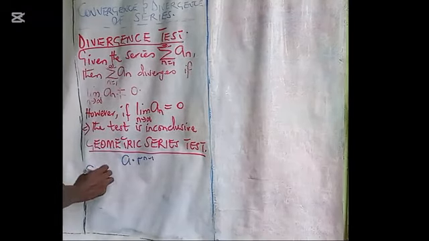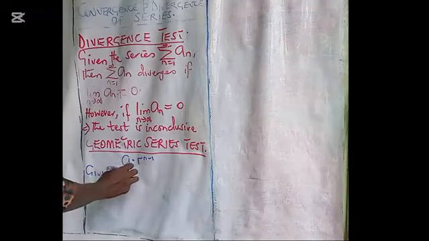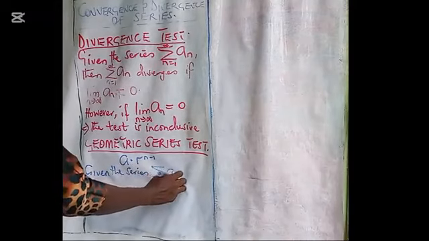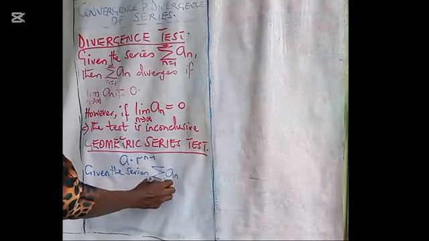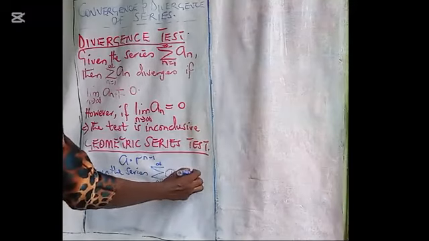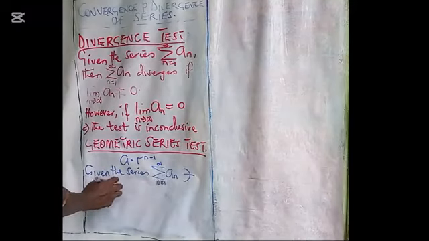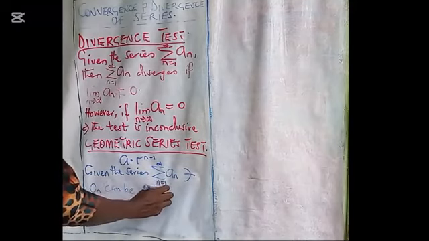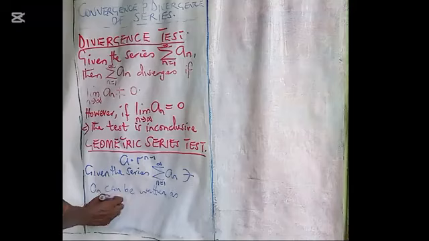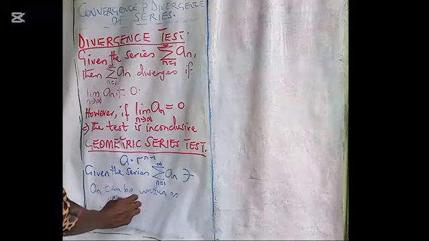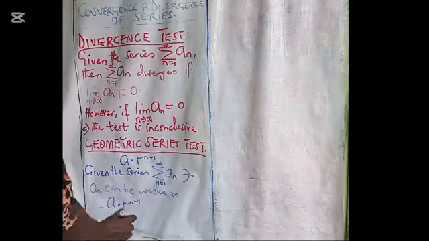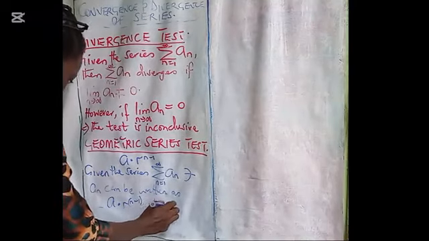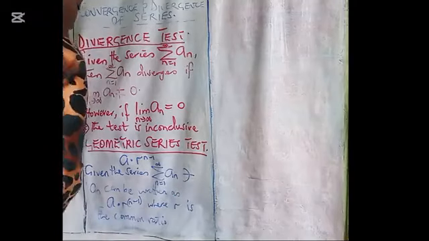Therefore, given this series summation a sub n as n moves from 1 to infinity, such that a sub n can be written as a into r raised to power n minus 1, where r is the common ratio.